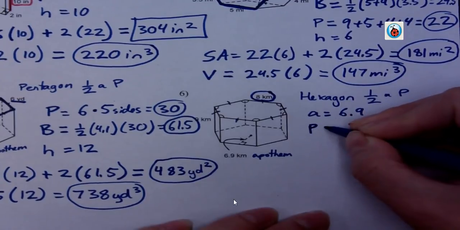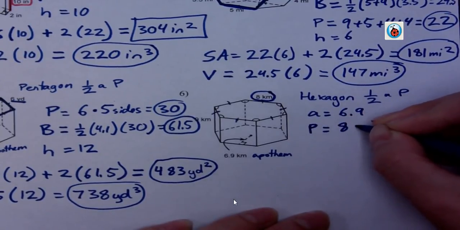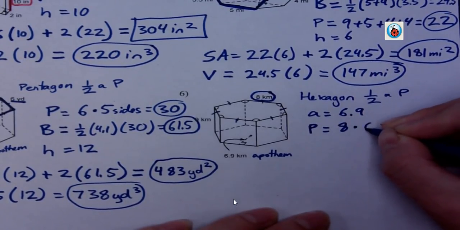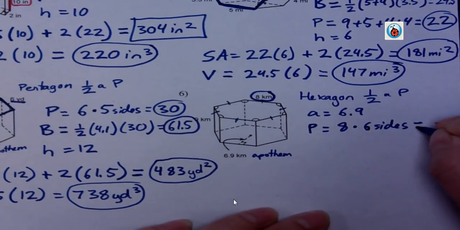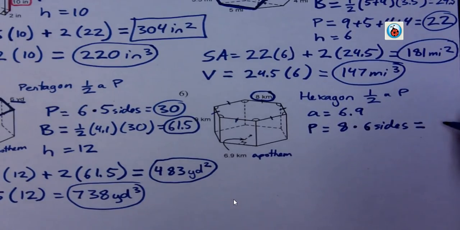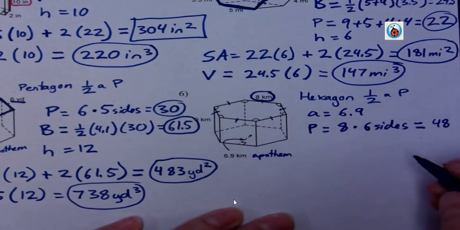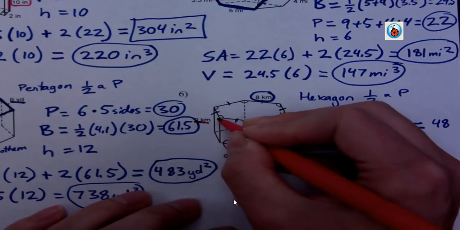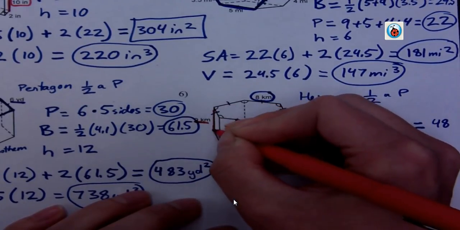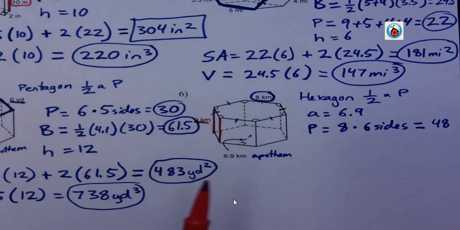Perimeter is just the 8 times 6 sides, which gives me 48. And then my height, I wrote over it, but it's the little 9 right here, is the height of all of these.